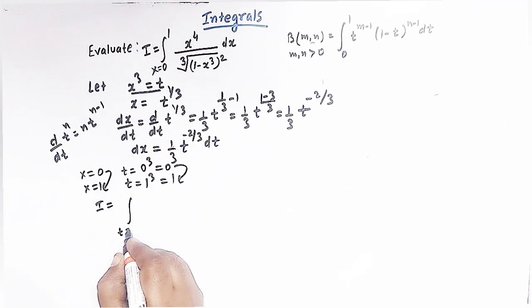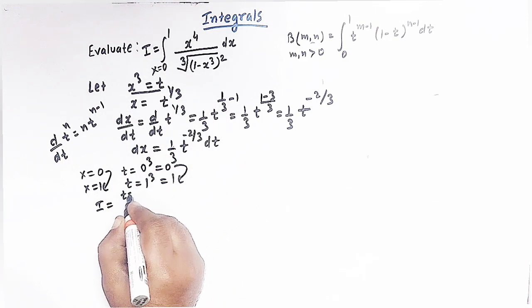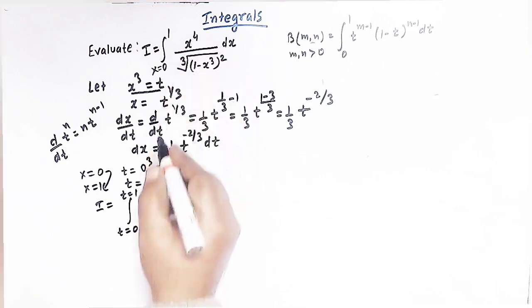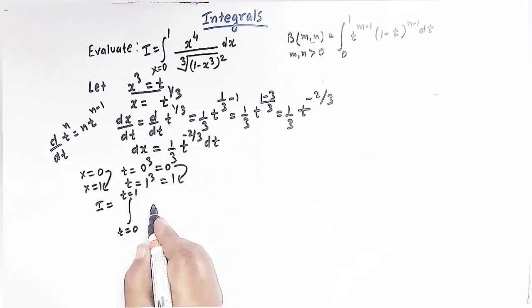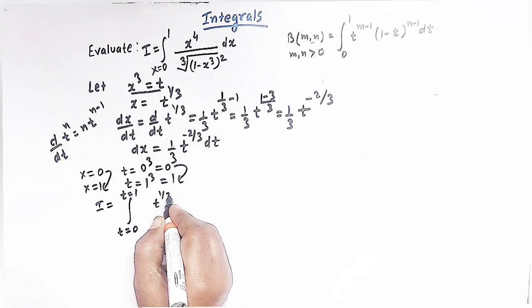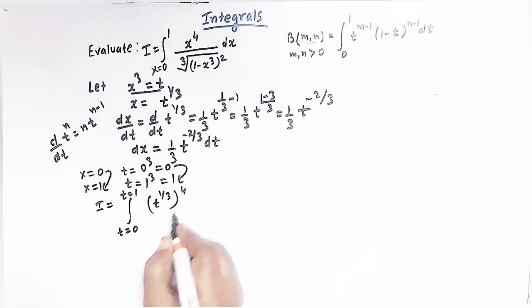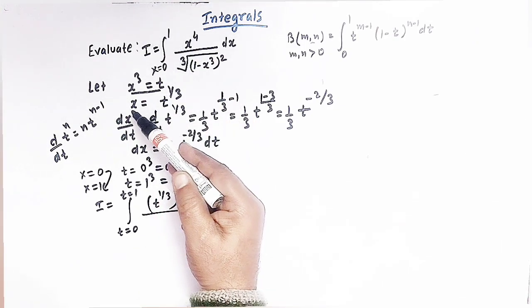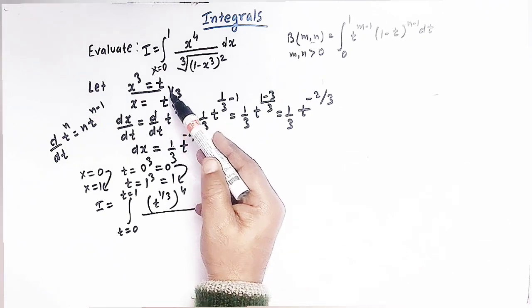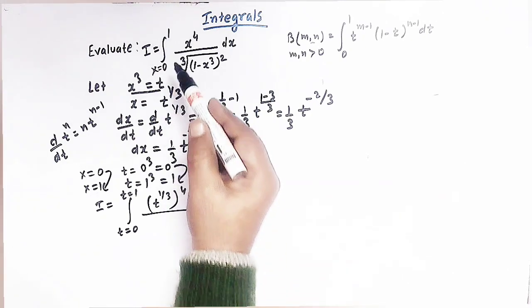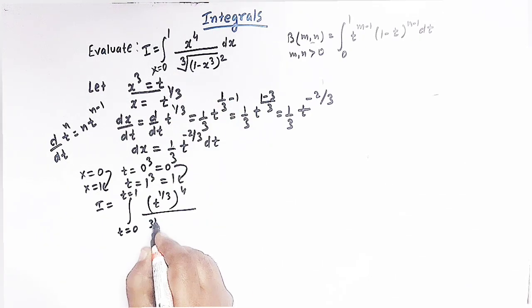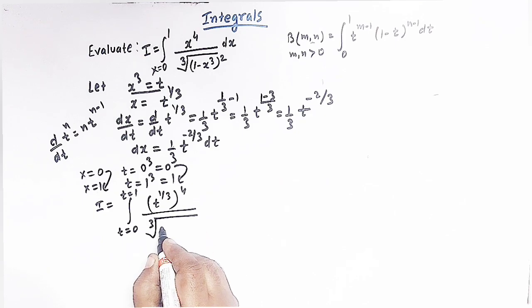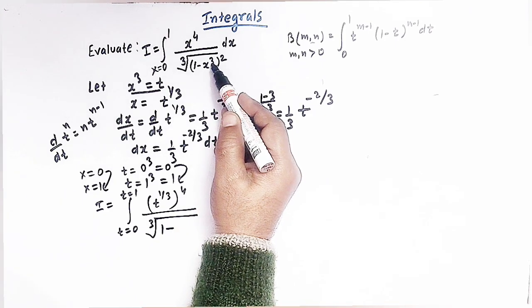So now we can easily write this integral I in terms of t. So we have t is equal to 0 to t is equal to 1, and for x we can write t raised to 1 over 3 raised to 4, and here we have x raised to 4, so taking x is equal to t raised to 1 over 3, and then we have the cube root of 1 minus x cube squared.